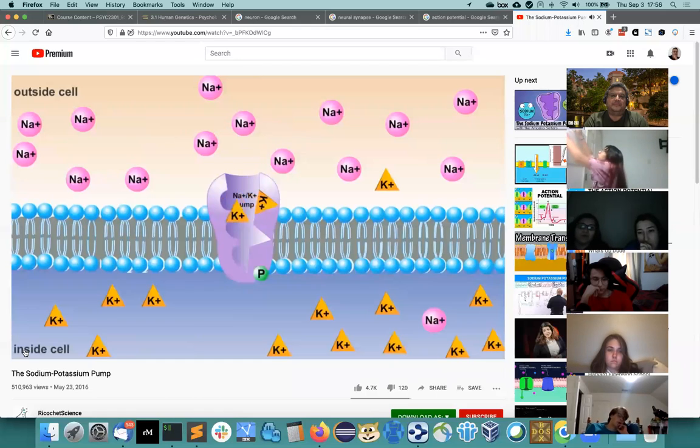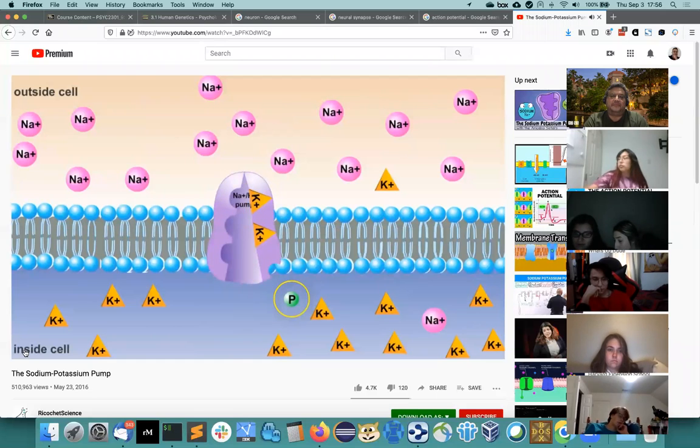Next, two potassium ions position themselves within the carrier protein, causing it to undergo another change in shape. In the process, the phosphate molecule is released. Once the phosphate molecule is released, the carrier protein expels the potassium ions into the interior of the cell. The carrier then resumes its initial shape, completing the cycle.